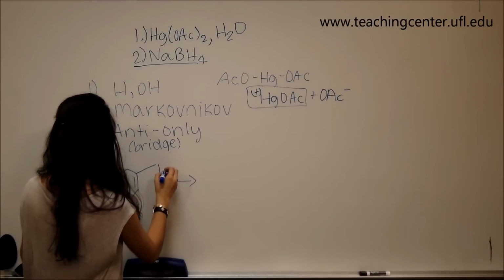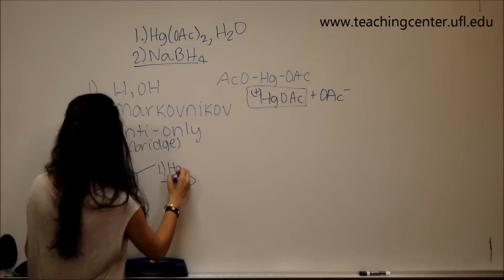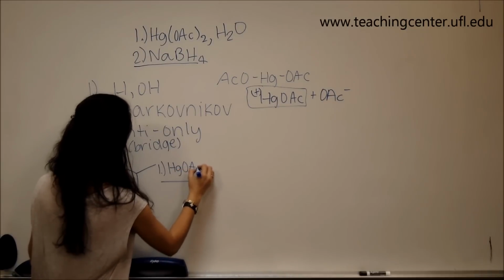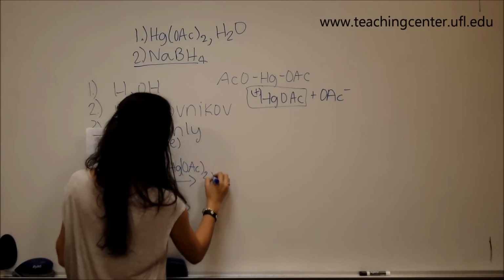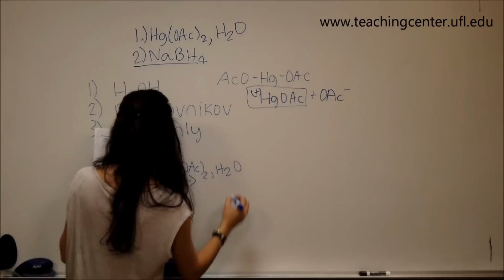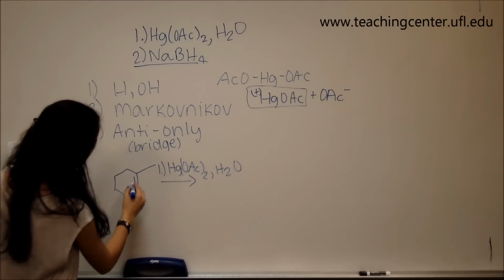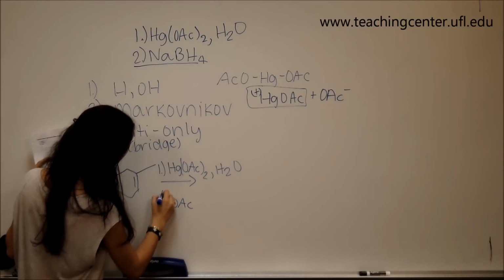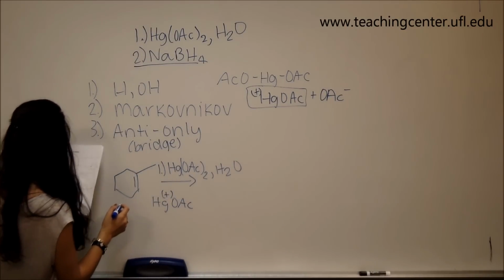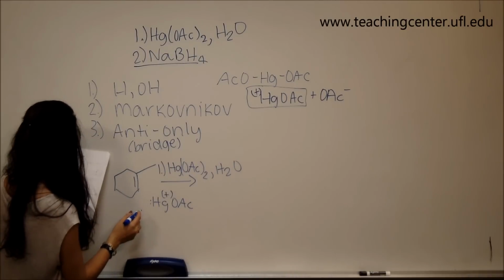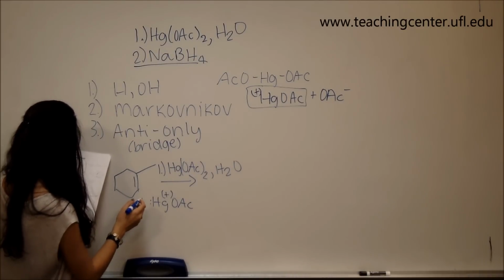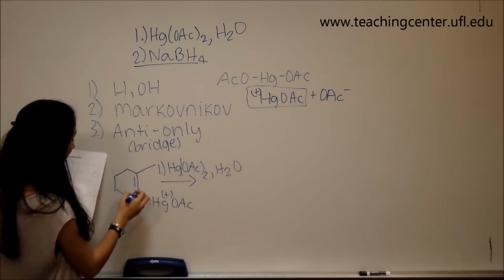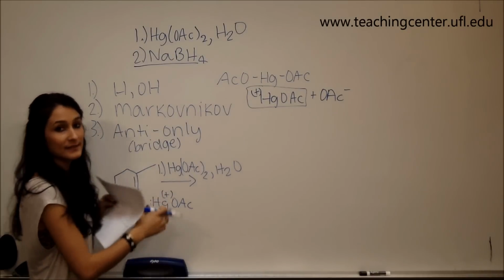All right, so in the first step, we're adding HgOAc2 and H2O. Okay, so what this really reacts with is the HgOAc plus, okay? So what's going to happen here is that this is a plus.